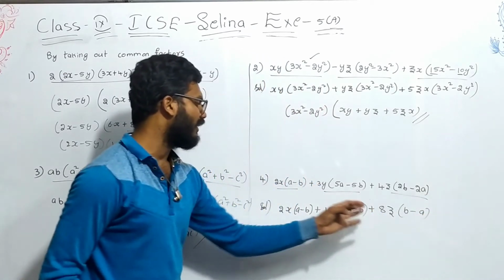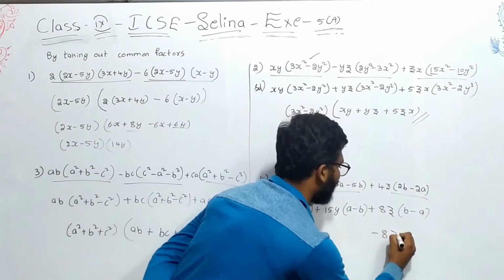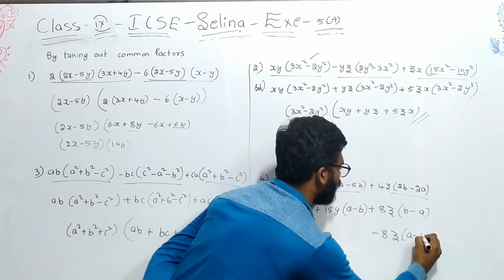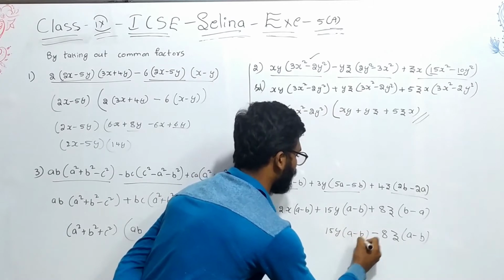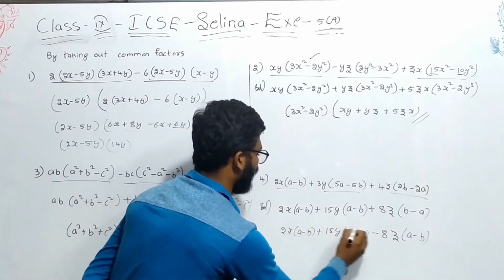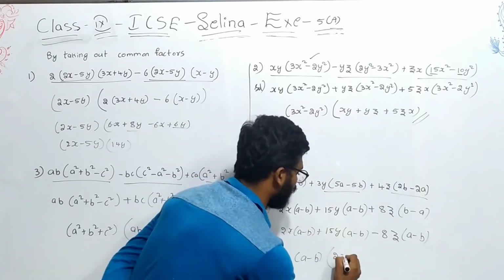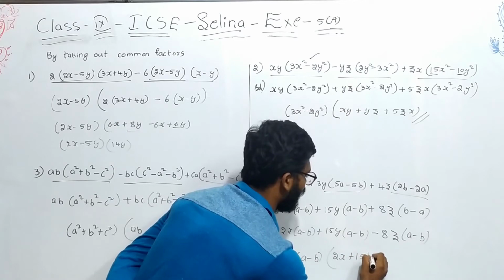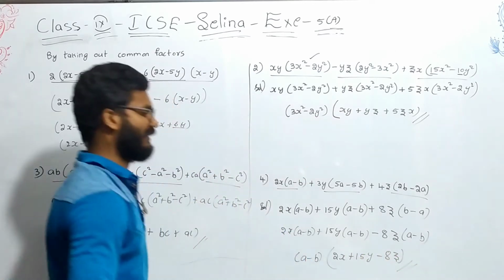Again, if I want to write b minus a as a minus b, what do I have to do? I have to take the negative symbol outside. So a minus b plus 15y into a minus b, 2x into a minus b plus. So again a minus b is common from everything. Writing bracket, first one 2x plus 15y minus 8z. So here we have factorized it completely.